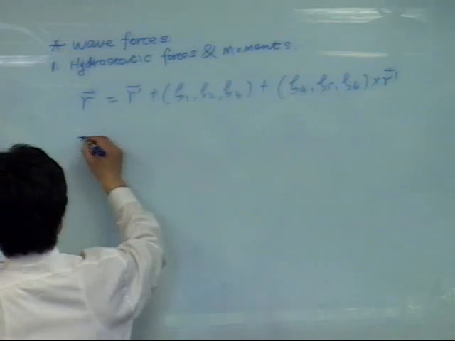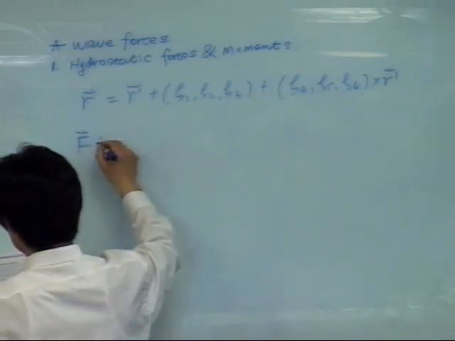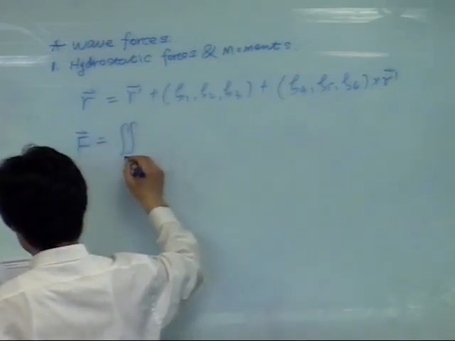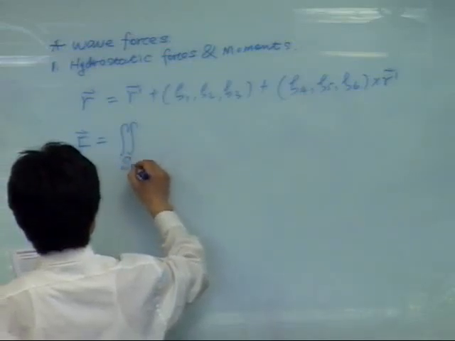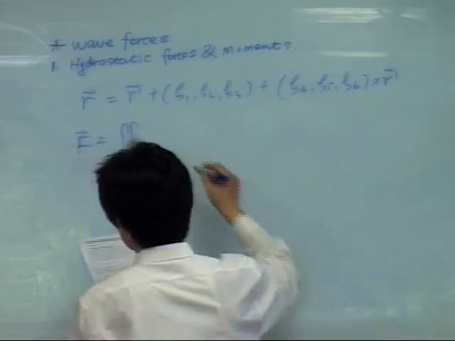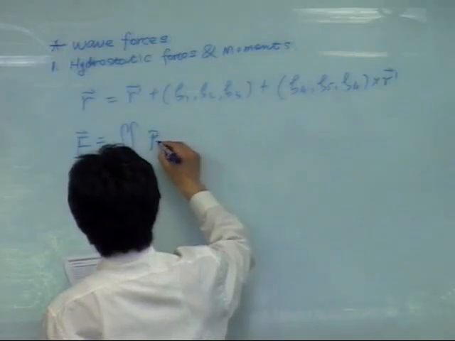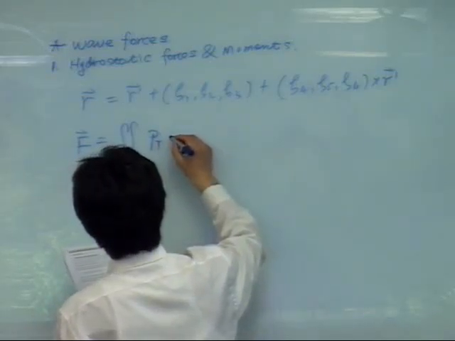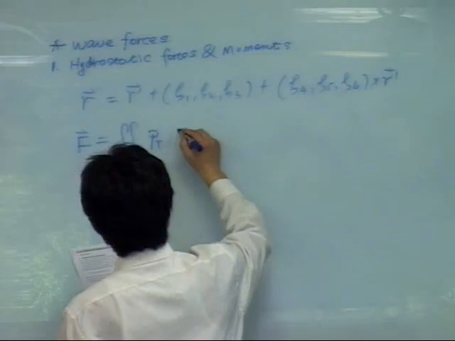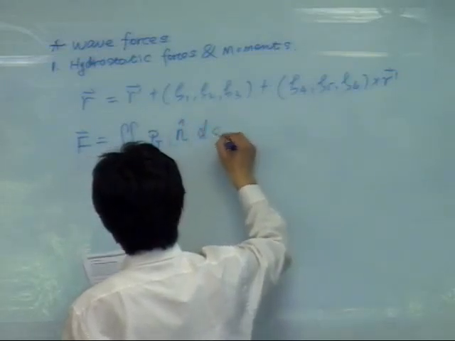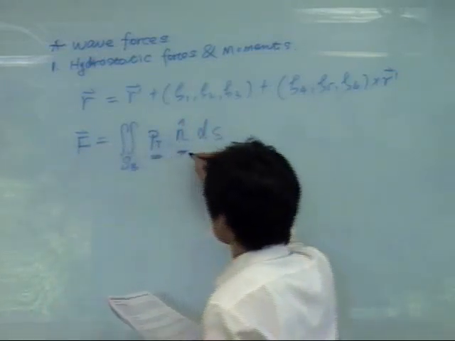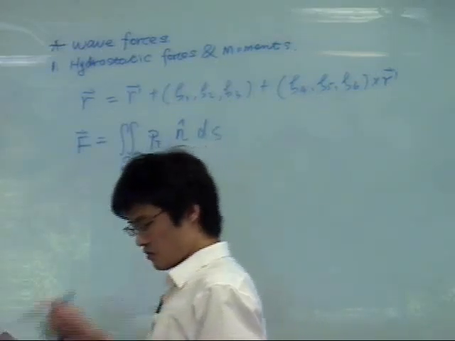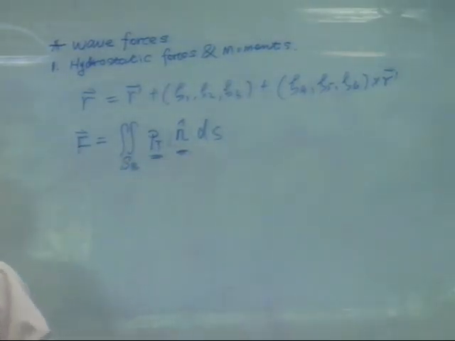So the total force would be the integration over this wetted surface of this thing. This is pressure. This is the normal vector pointing inward to the body.